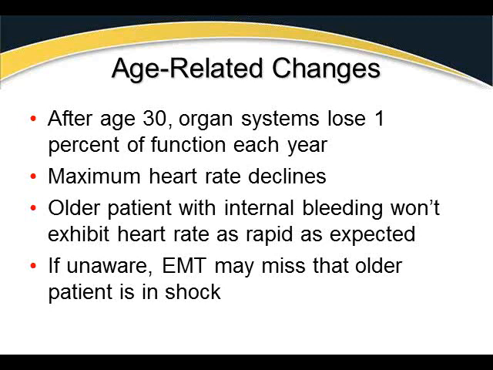We start to see the linings of the intestines break down a bit, and run the risk for cancers, GI bleeds, and so on and so forth. The liver and kidneys aren't doing as good a job filtering things out. Elderly patients are typically on more medications, and therefore we may see some drug toxicity issues or liver problems.